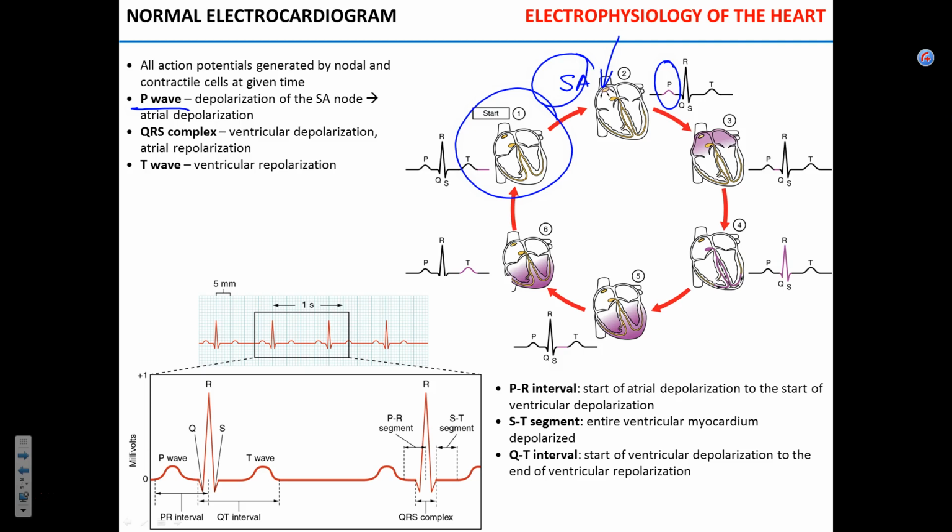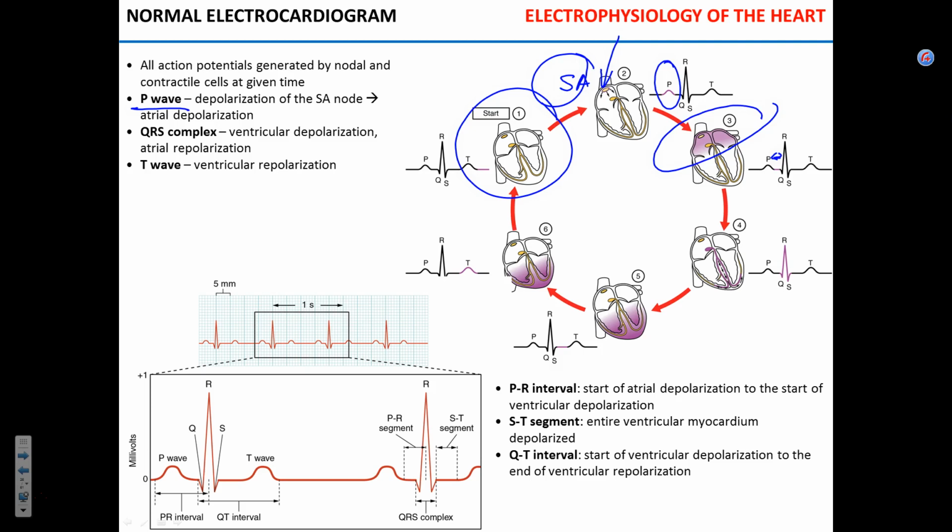When atrial muscle is depolarized, what happens to it? It contracts. Does that make sense? Then you can see here, 3, the entire atrium is depolarized. Okay? This is called PR segment, the little segment right over here.